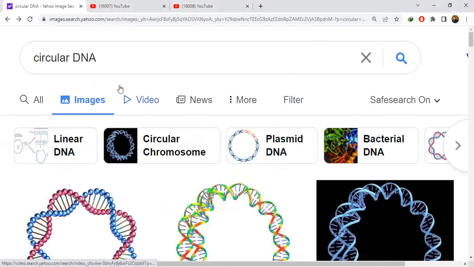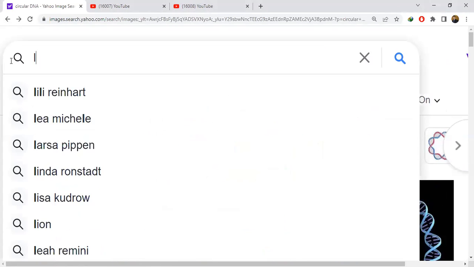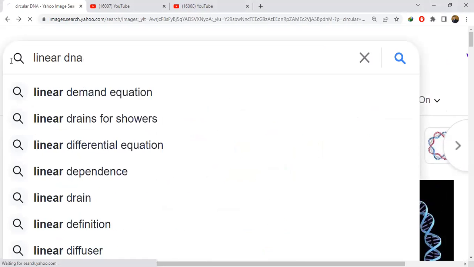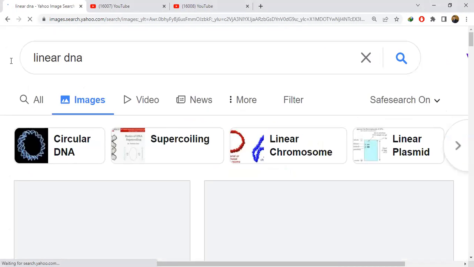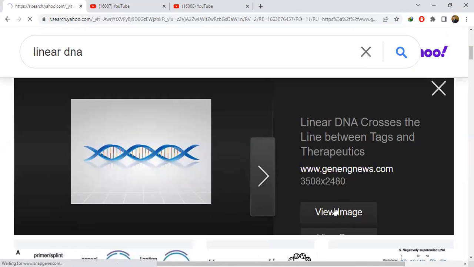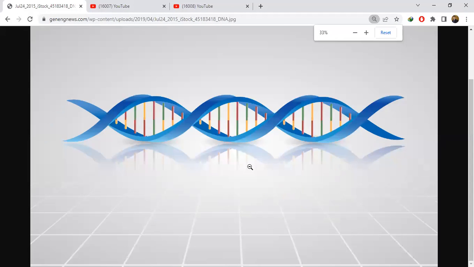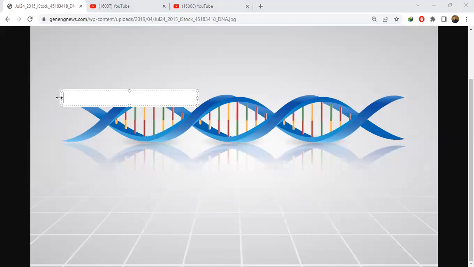Normally, DNA is called what kind of DNA? Linear DNA. Linear DNA will be like this. Suppose this end is 3', its other end will be 5'.